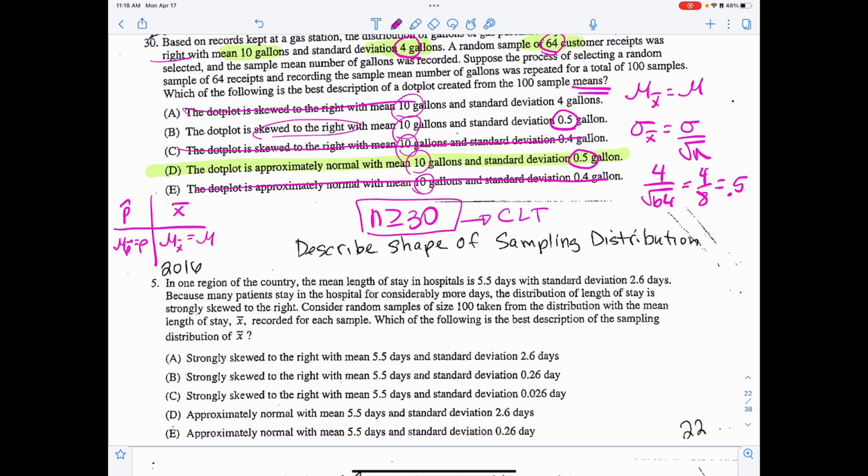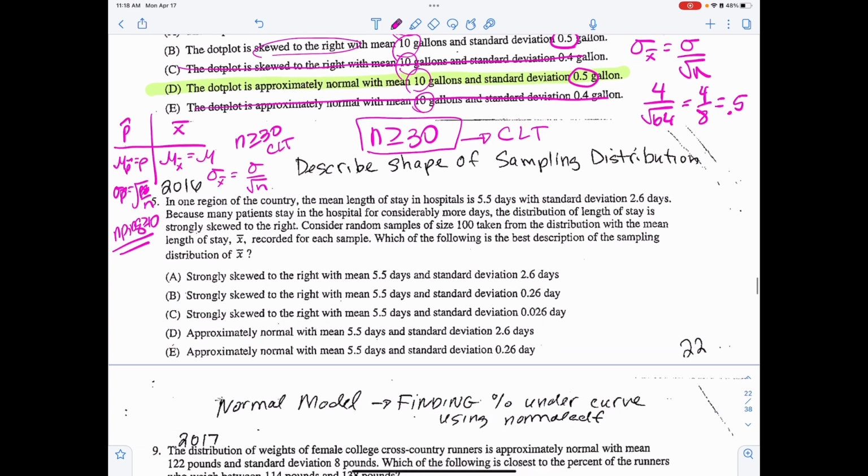So the mean doesn't change, but the standard deviation is going to equal the square root of PQ over N. And for the standard deviation for means, it's going to be sigma over square root of N. We're looking for NP, NQ greater than 10 to be a normal distribution if it's proportion. We're looking for N greater than or equal to 30 to be, by the central limit theorem, a normal distribution if it's means.